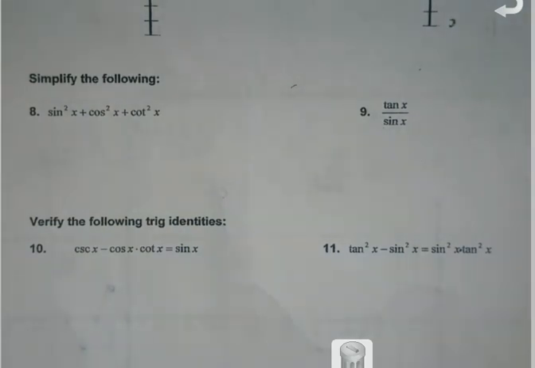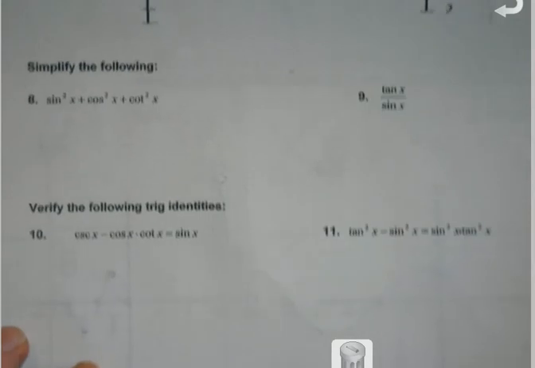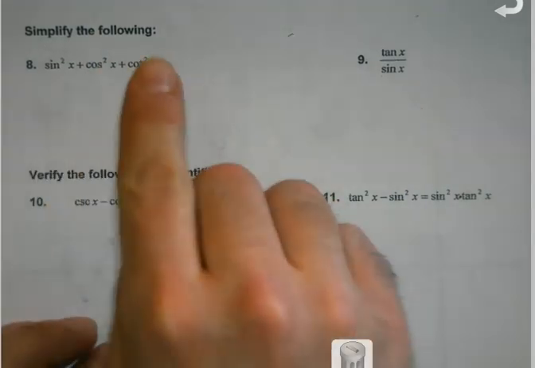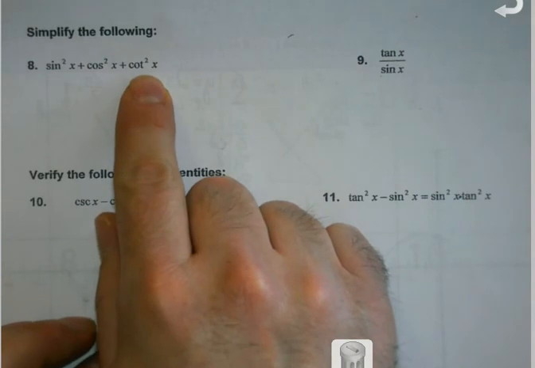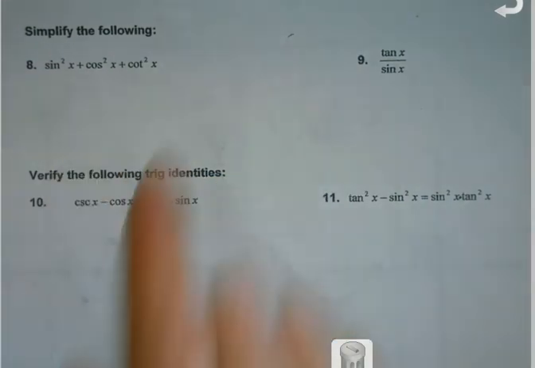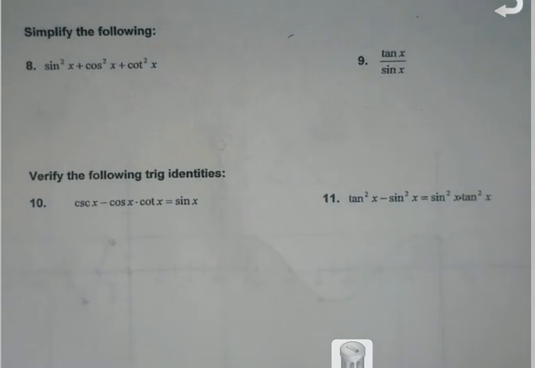So I start looking at these two. Let's see if I move this up a little bit here. Sine squared plus cosine squared plus cotangent. Now my initial idea would be to look at this and say, leave it alone, leave it alone. Ooh, I'm going to change that into cosine over sine squared. But then I look back for a minute, I see all these pluses and things. There's got to be some way.